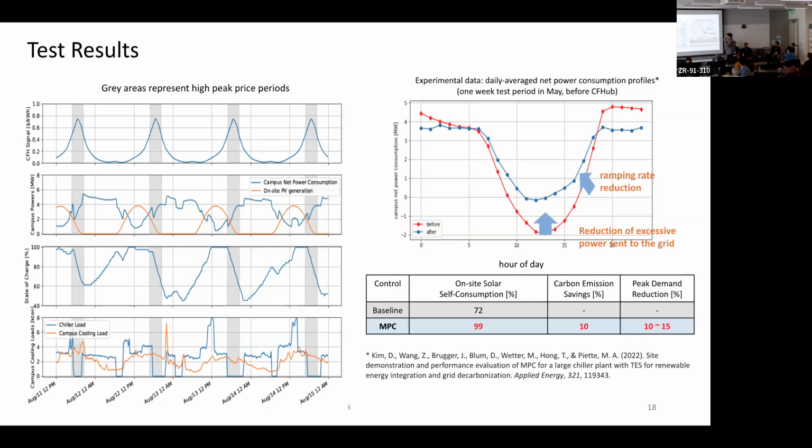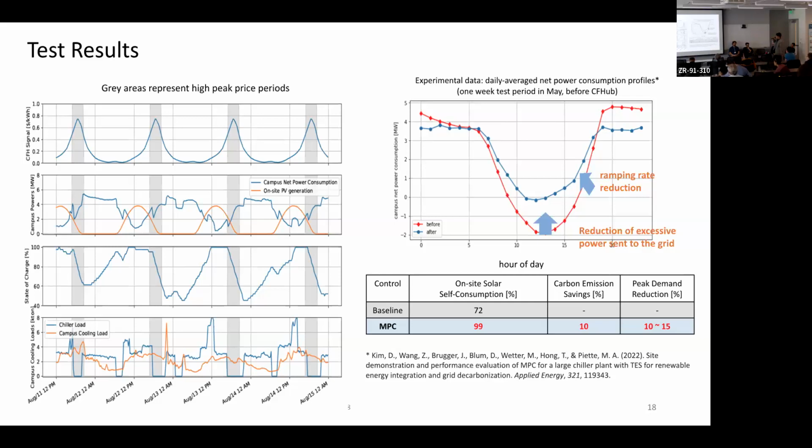On the right-hand side, we repeated this experiment and collected some historical data to compare what the benefit is. The right-hand side shows a representative daily averaged load profile for campus net power consumption. The red one is before the MPC. The blue one is after the MPC.